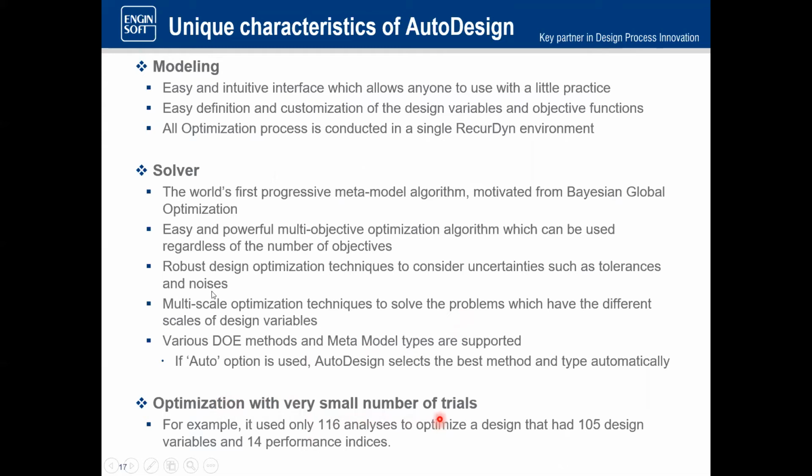I should make a comment here about this thing about the noise. I had somebody wanting to try Recordine with another optimization tool, and it did an optimization of a simple vehicle that we had put together to be able to climb up a hill. It was an off-road vehicle, and it did that optimization, and it required, I think, 800 runs of Recordine to solve it.